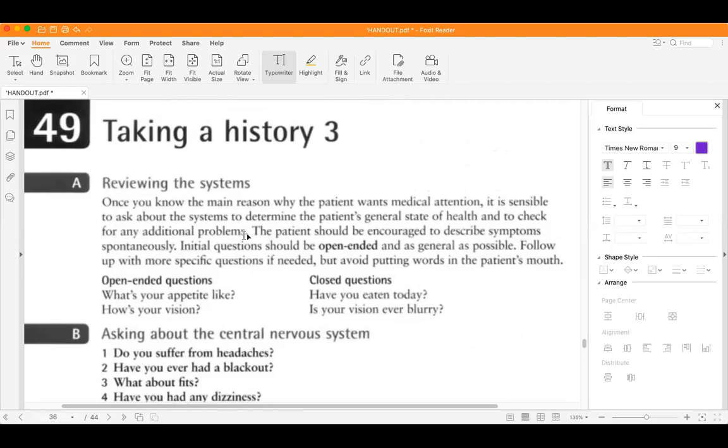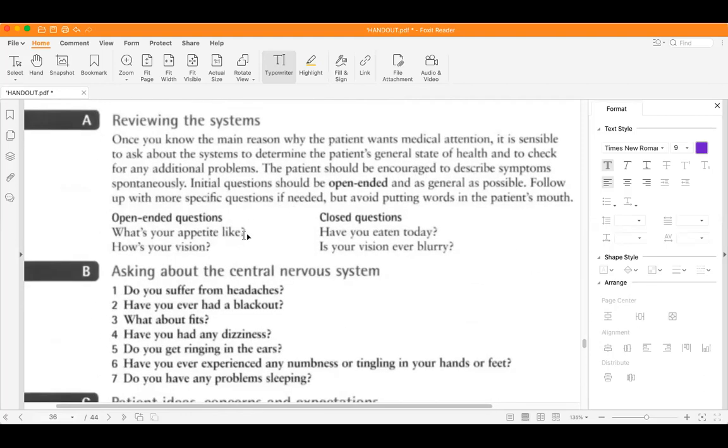Reviewing the systems, like for example, the central nervous system. Once you know the main reason why the patient wants medical attention, it's sensible to ask about the systems to determine the patient's general state of health and to check for any additional problems.